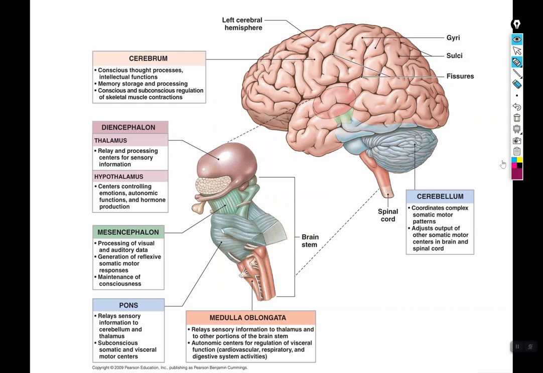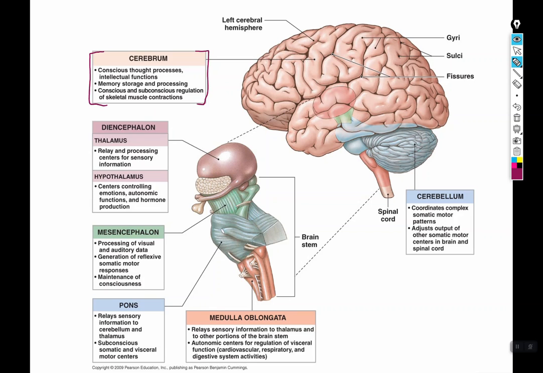So we've got, for starters, our cerebrum, which is what most people sort of think of when they think about brain. They're thinking of the pink, wet, wrinkly thing, which is actually just the cerebrum, not even the entirety of the brain.